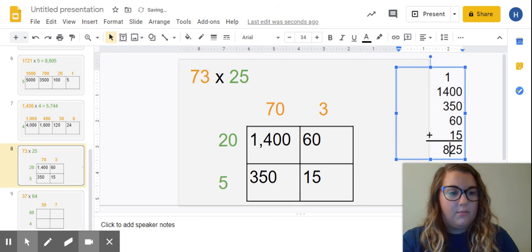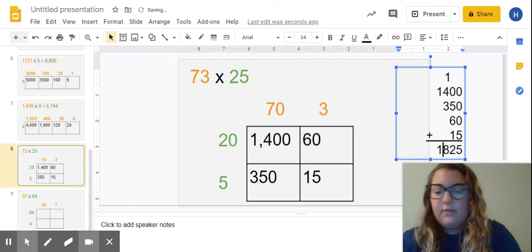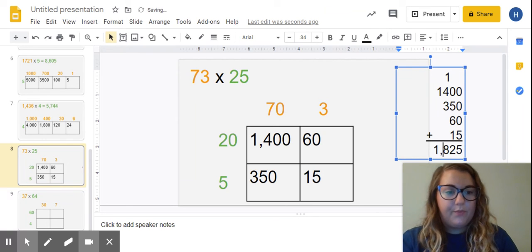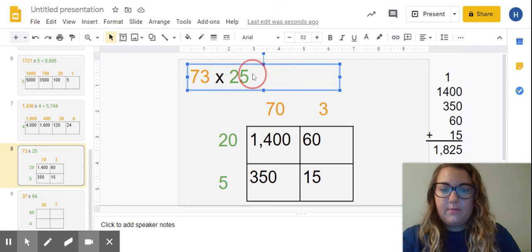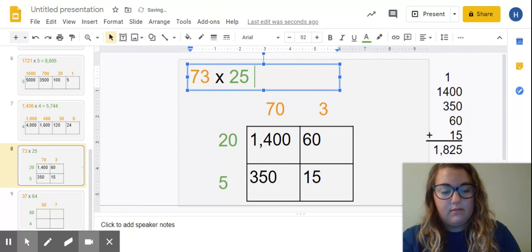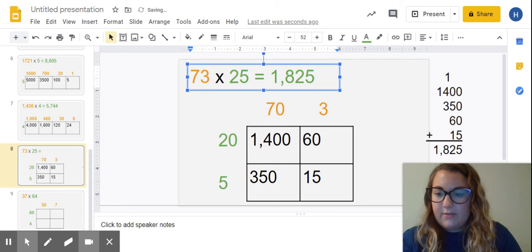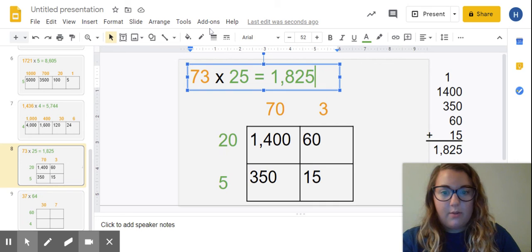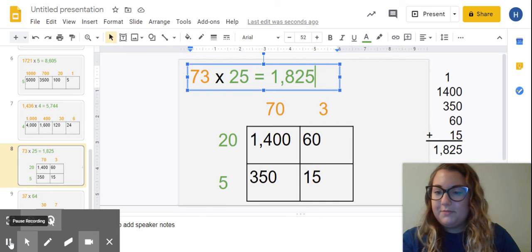And then adding my thousands together, I have 1. So my sum is 1,825, which gives me my total product. The product of 73 times 25 equals 1,825. So we are going to practice on the next slide, multiplying another 2-digit number by 2-digit number.